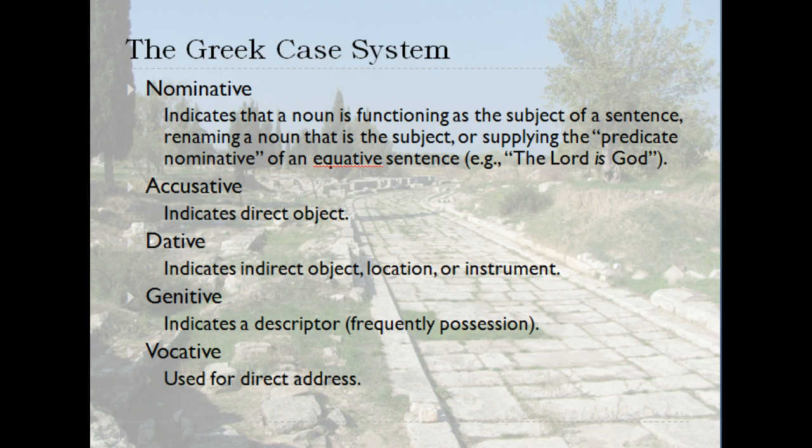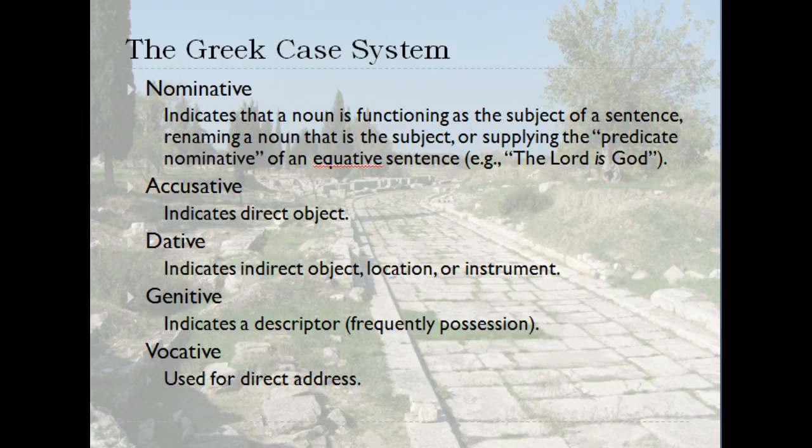Similarly, in Greek, the genitive case indicates description, as opposed to finding the preposition of, which simply does not exist in Greek at all, as the marker that a noun is functioning as a descriptor. You'll simply find a noun in the genitive case.